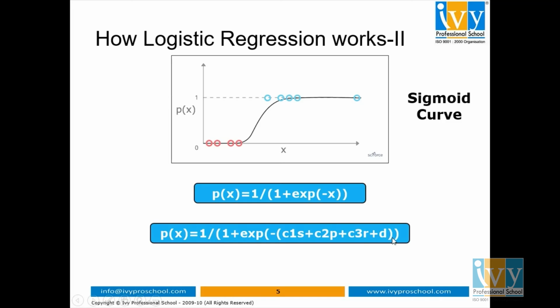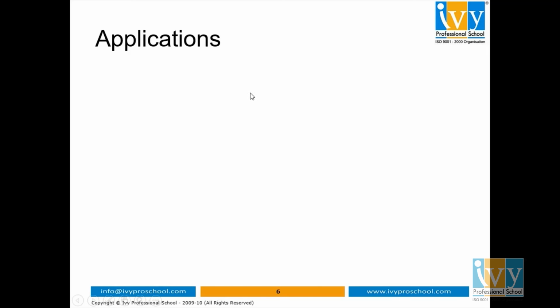This expression in substitution of x, this long expression, is called a logit, and substituting this logit in this whole expression gives us the final probability of occurrence of the dependent variable, and we get the output as 0 or 1. Let's see some applications of logistic regression.